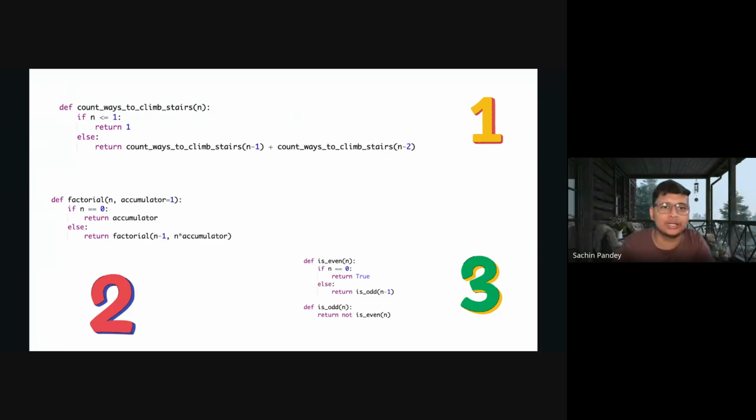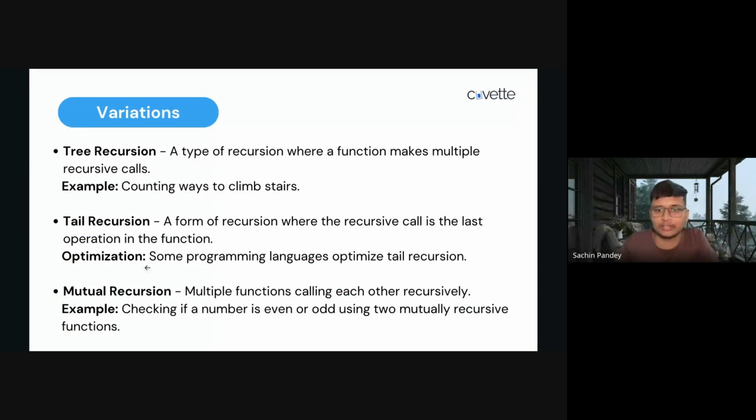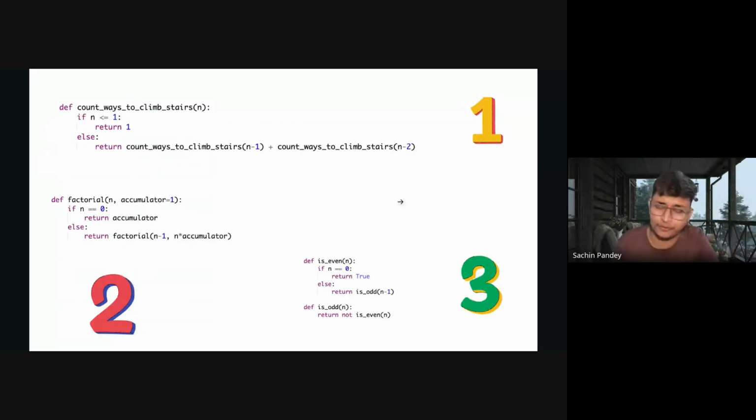It is known as mutual recursion. Understood? The factorial, I already told you, was a tail recursion, and Fibonacci was tree recursion. And this one is mutual recursion. I hope that is clear to all of you. Is it, guys? Can you confirm, please?